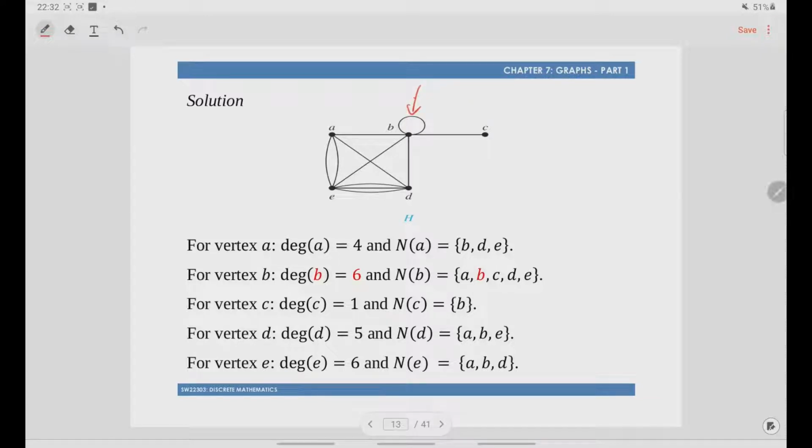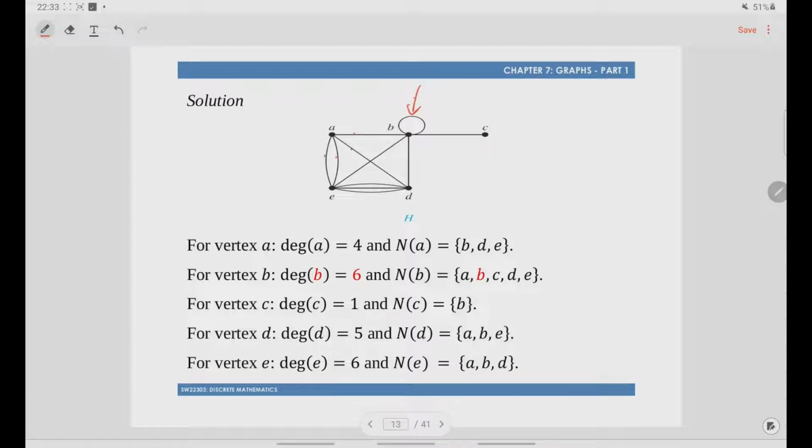Let's see how to answer this question. For the vertex A, the degree of the vertex A is equal to 4. Let's count. How many edges incident with the vertex A? We have edge 1, 2, 3, and 4. So that's why we have degree A equal to 4.